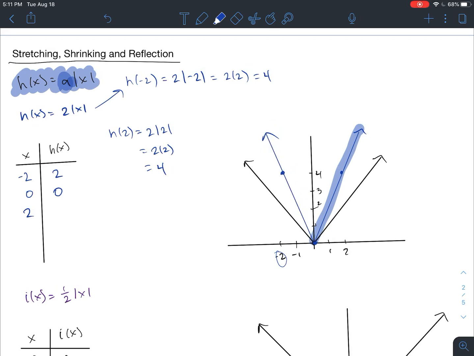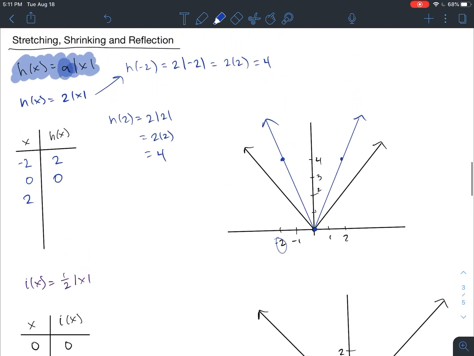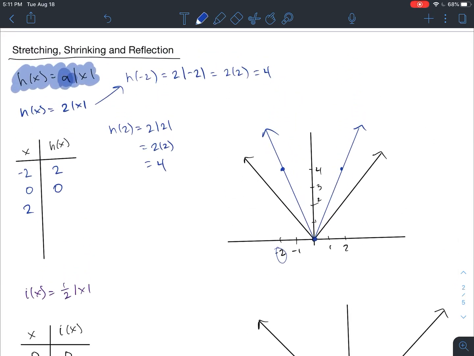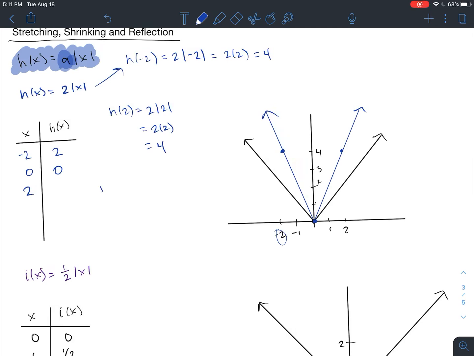It's steeper than our parent function. Just like that. And so what we say here is that there is a vertical stretch by a factor of 2. That's what we multiplied it by.